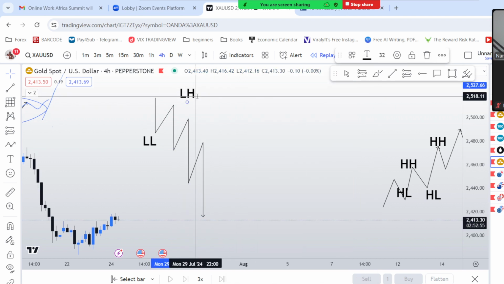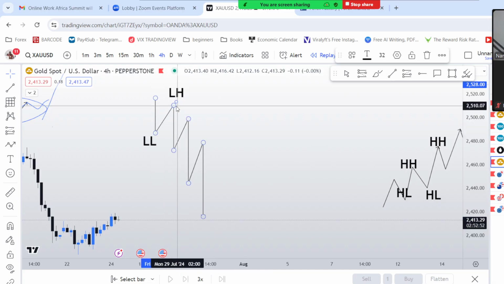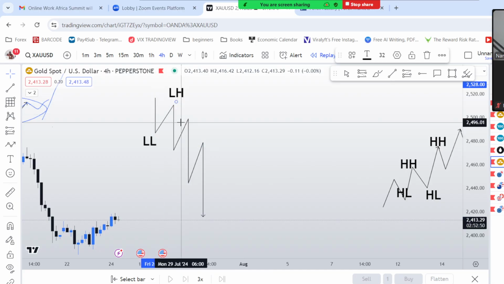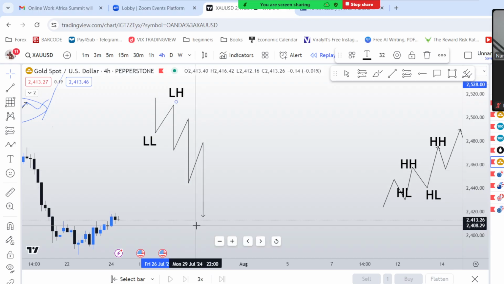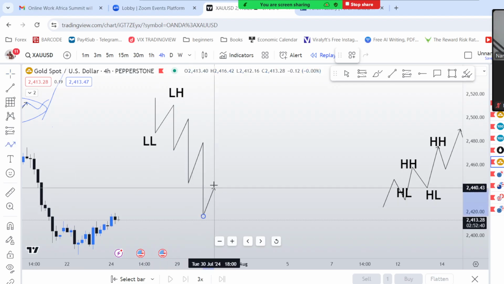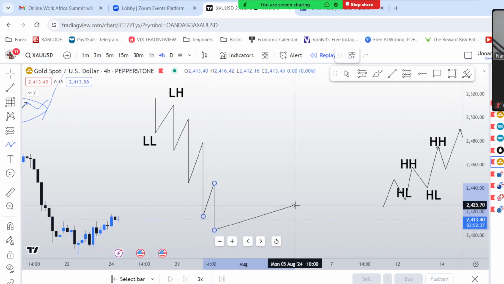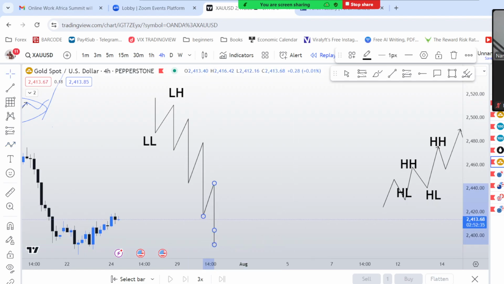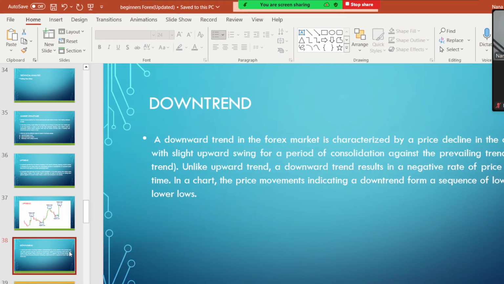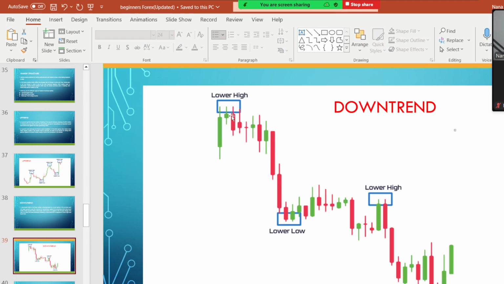Price keeps forming lower highs, lower lows, and it keeps on and on. This is a typical example of a downtrend, price moving in a series of lower highs and lower lows.